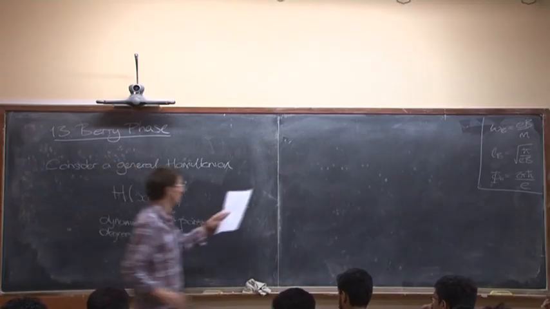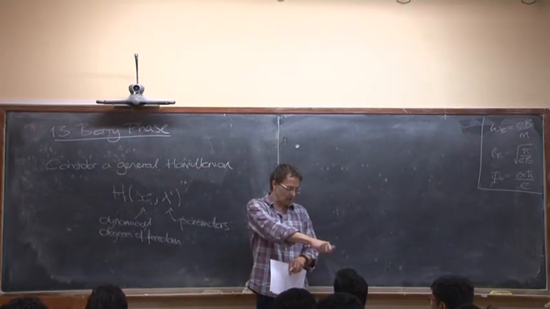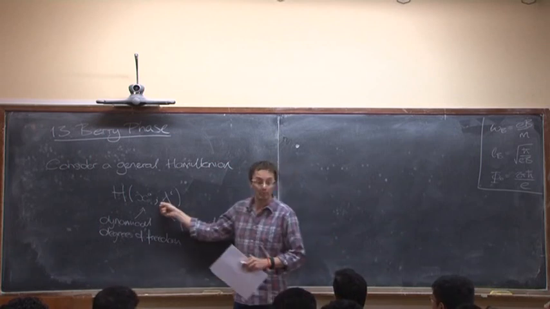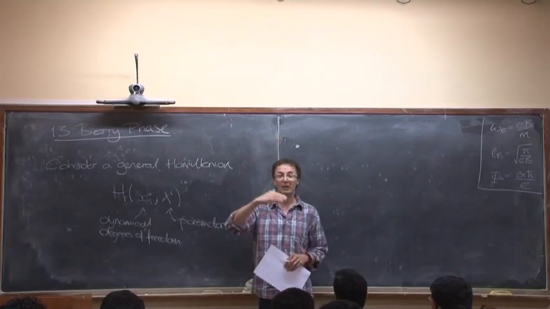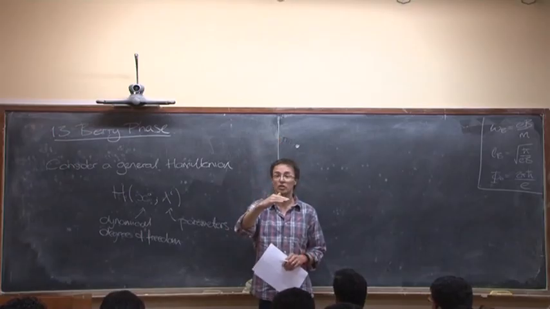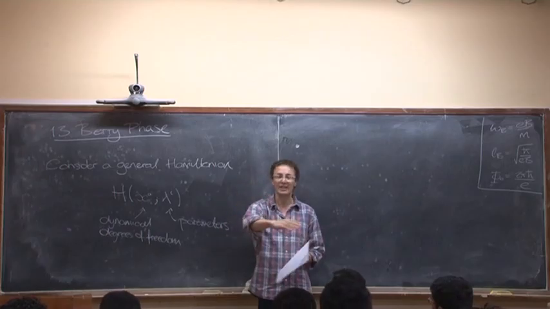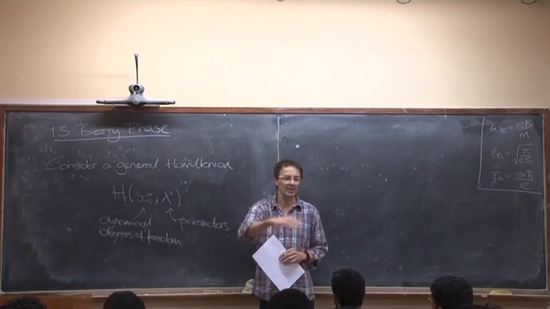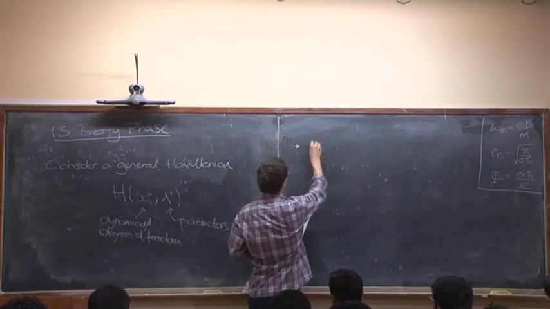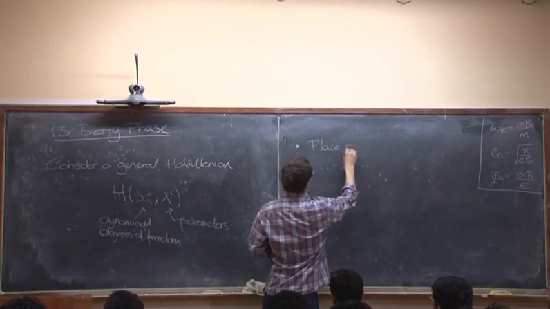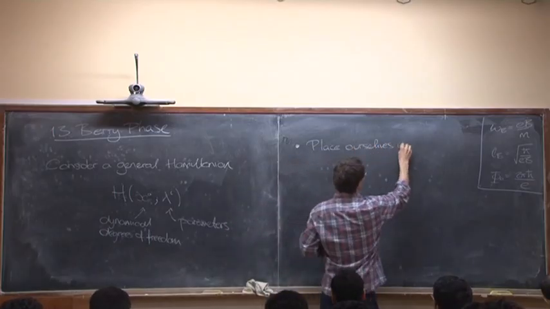And then we're going to play the following game. You start by fixing the dials to be something specific, so the lambdas are something specific. This Hamiltonian is going to have an energy spectrum, and you place yourself in a particular energy eigenstate. We don't lose any generality, let's just make it the ground state. So we place ourselves in the ground state.